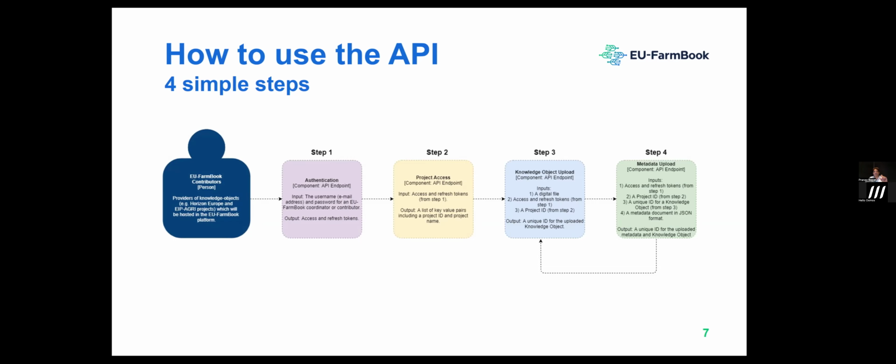Then, using these 3, you will use one more API to get the projects assigned to you. You get the projects assigned to you from the coordinator. Once you are through this step 3, the last step is to upload the metadata into the platform.